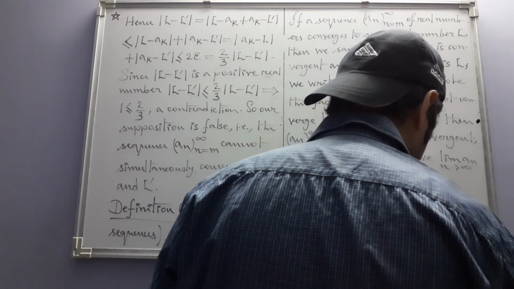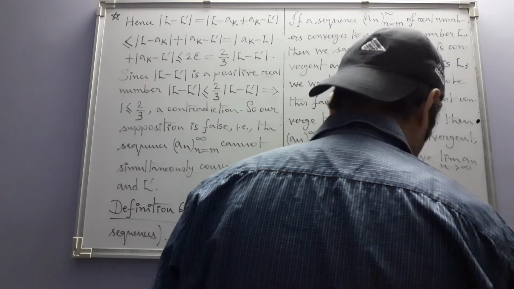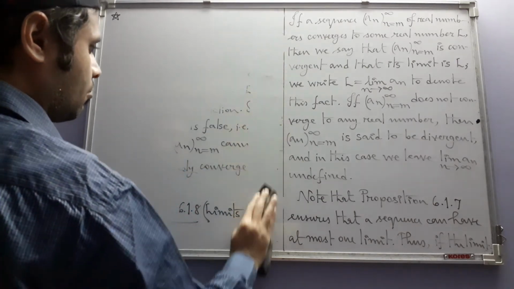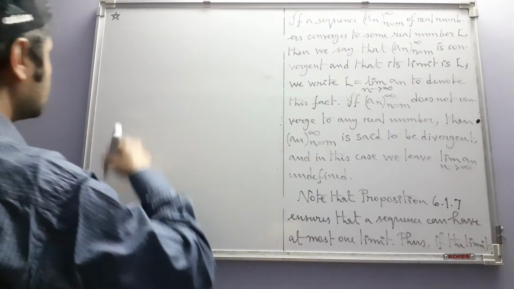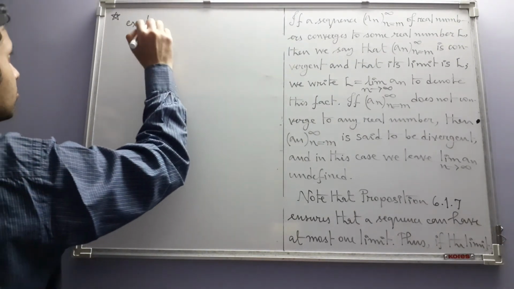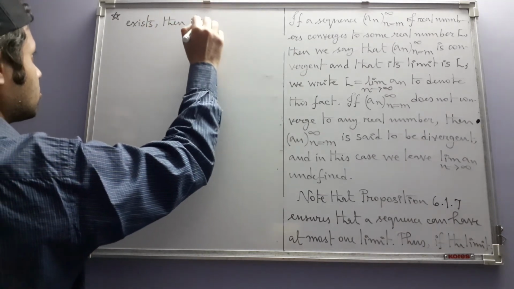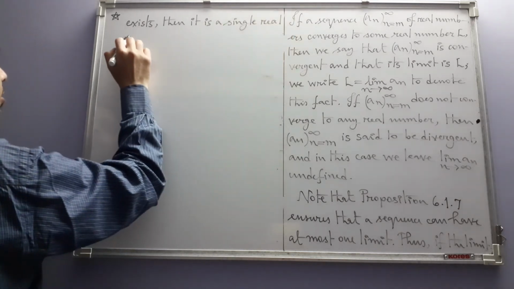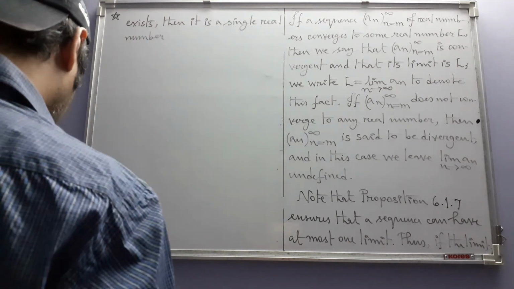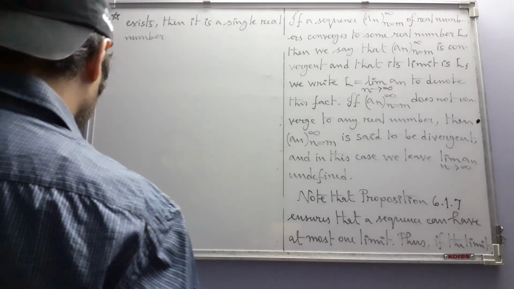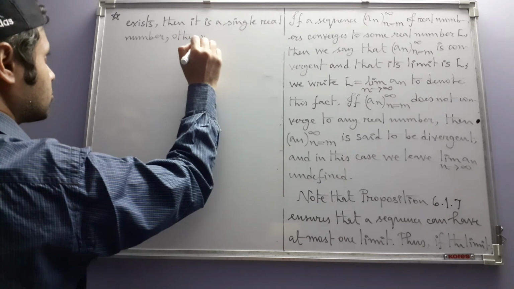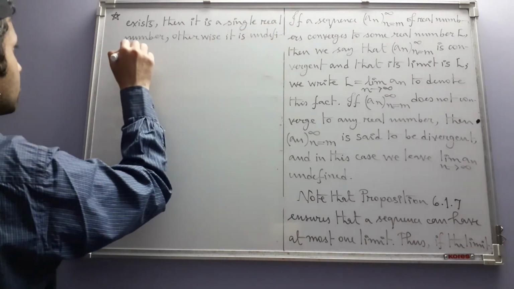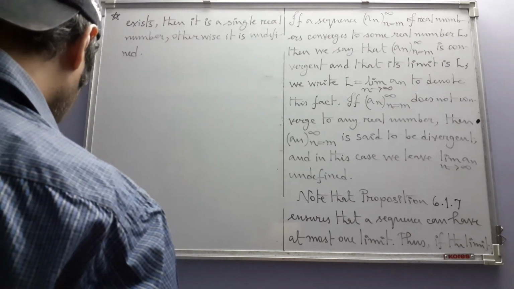Thus, if the limit exists, then it is a unique real number, and otherwise it stays undefined.